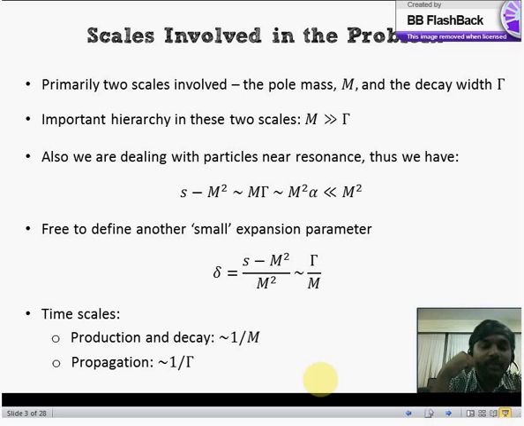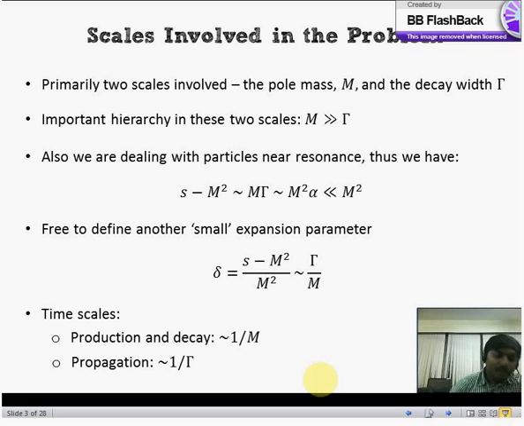Now, m times gamma is much smaller than m squared, and thereby we can define another small parameter, which is s minus m squared by m squared, which is of the order of gamma by m, and this we'll call delta. So we'll have two small parameters: one is the coupling constant alpha, and another is the small expansion parameter delta. Now when a heavy particle is formed, the production and the decay timescales are of the order of 1 by m, which is very small because m is very large.